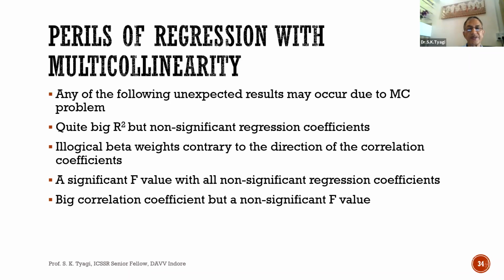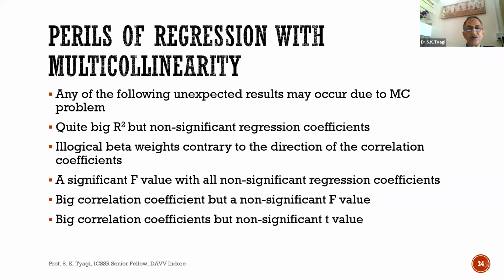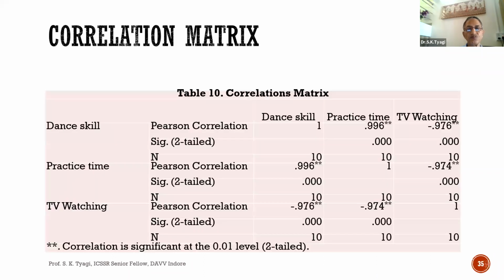Or a big correlation coefficient but a non-significant F value; R square is big but the F value is not significant; a big correlation coefficient but a non-significant t-value. The correlation between variable 1 and variable 2 is quite high, but you will find that this particular predictor is not able to significantly predict the dependent variable. How can this happen? So these are some of the problems.